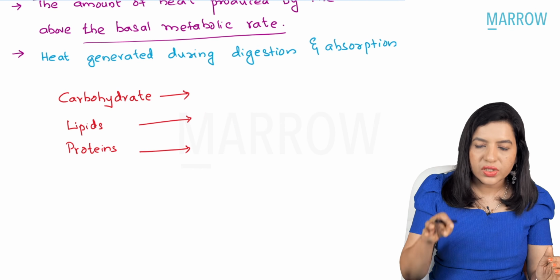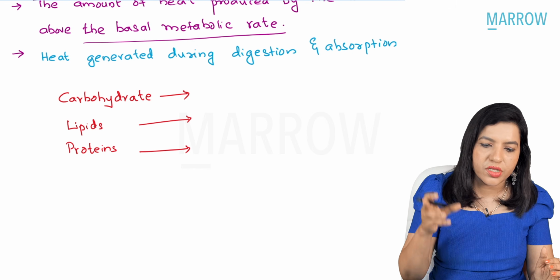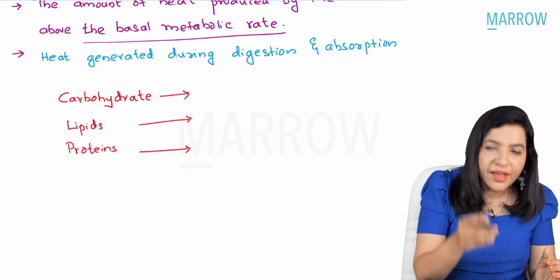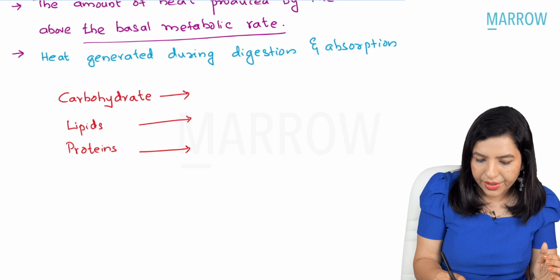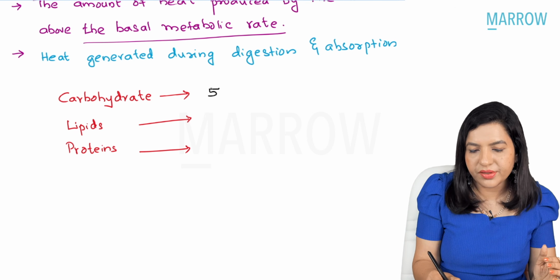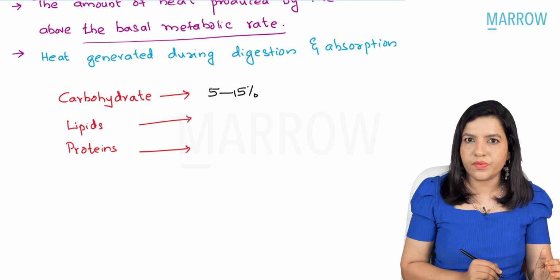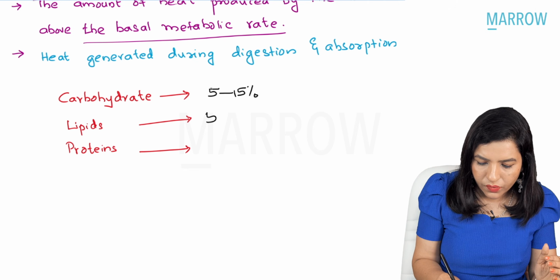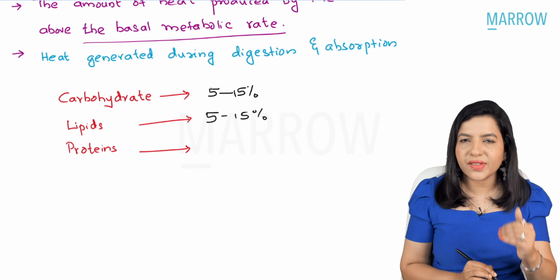Okay. So the heat generated by the process of digestion, absorption and other metabolic activities varies for various macronutrients. Carbohydrate, it is 5%, maximum it can go to 15%. Lipids also 5 to 15%, almost the same.